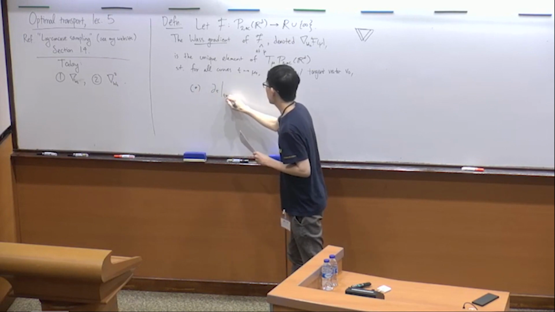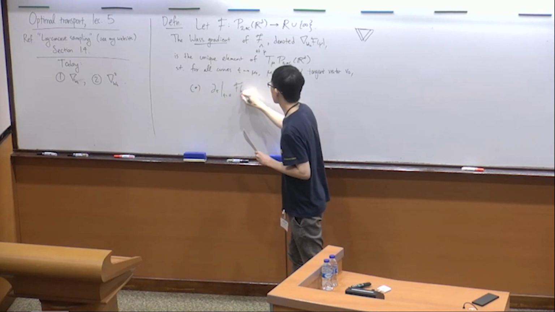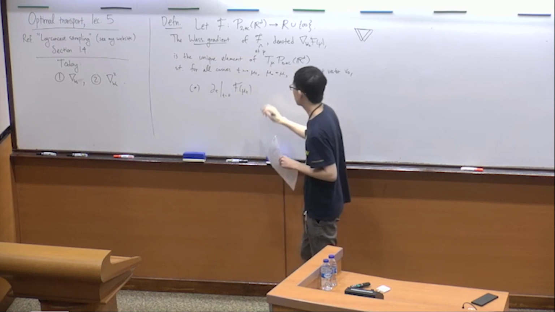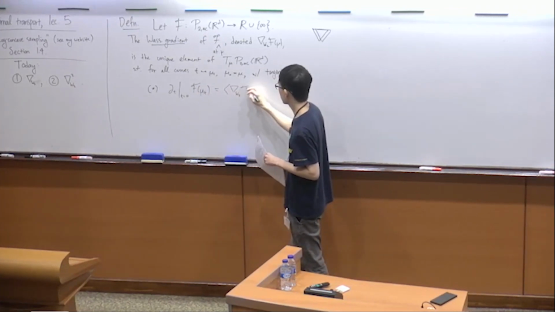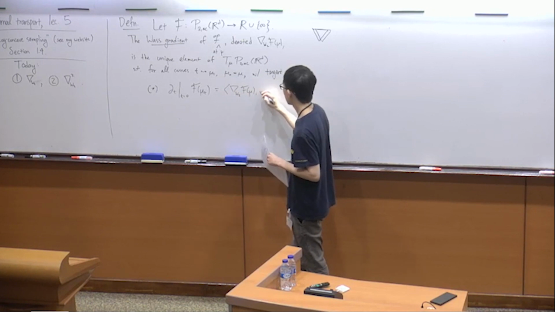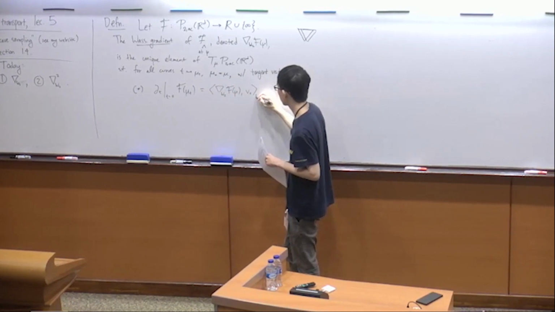If I differentiate this functional along the curve at time 0, then I want it to equal the inner product between the Wasserstein gradient and this tangent vector to the curve.